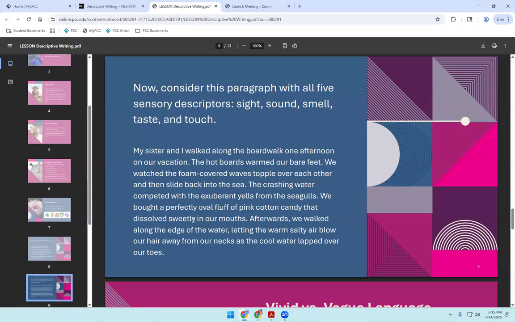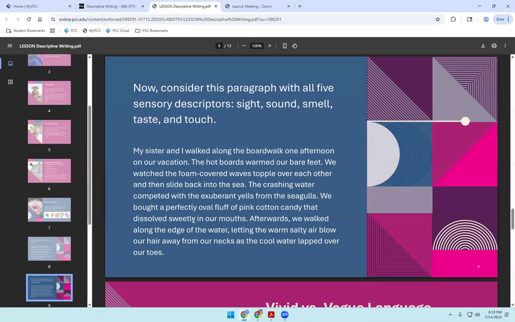The crashing water competed with the exuberant yells from the seagulls. We bought a perfectly oval fluff of pink cotton candy that dissolved sweetly in our mouths. Afterwards, we walked along the edge of the water, letting the warm, salty air blow our hair away from our necks as the cool water lapped over our toes.